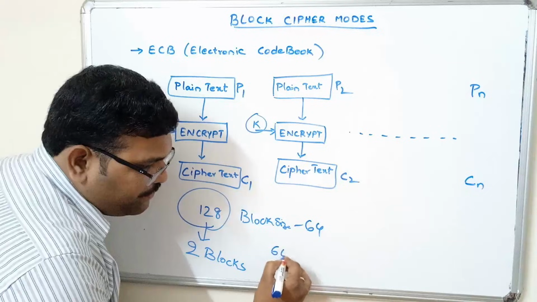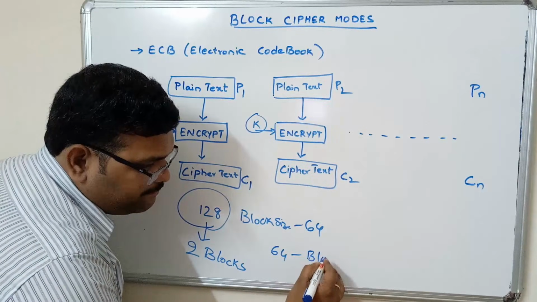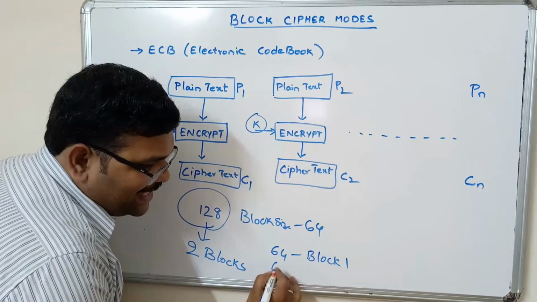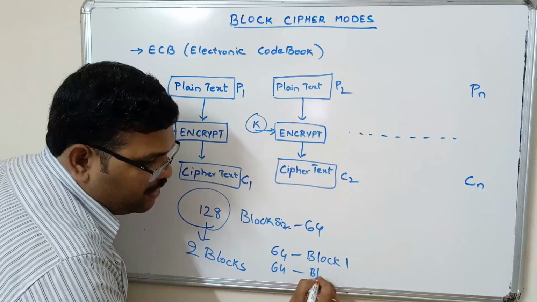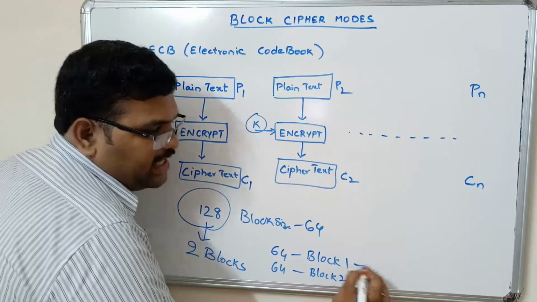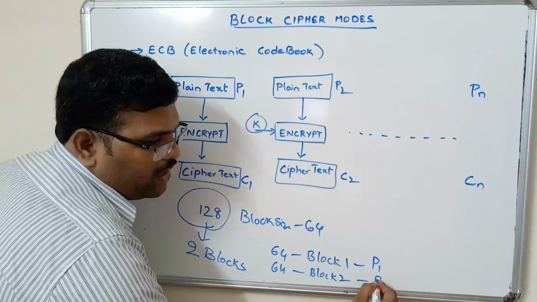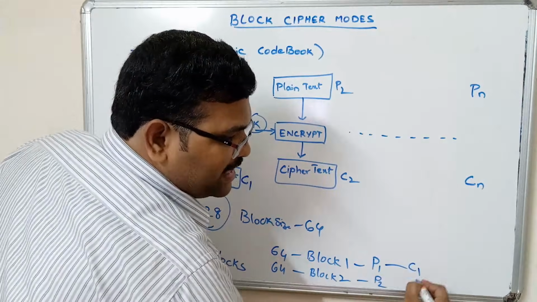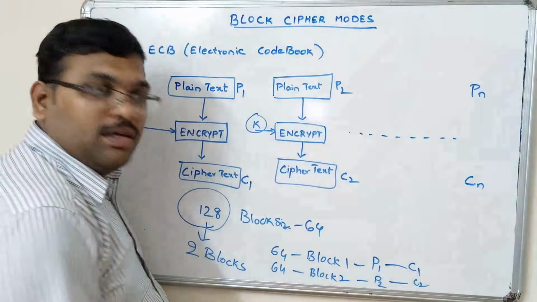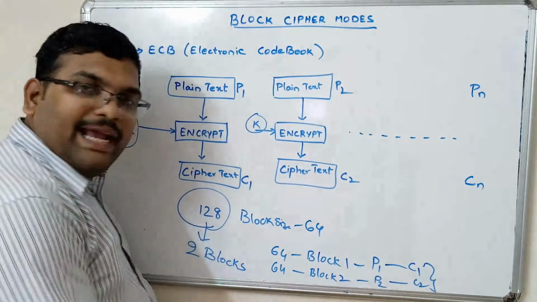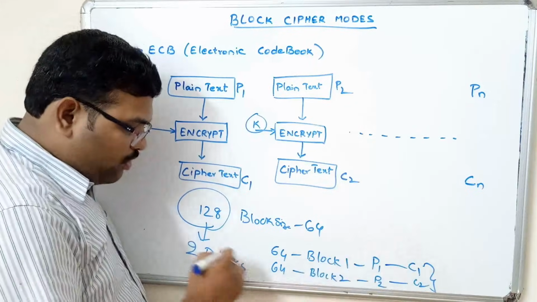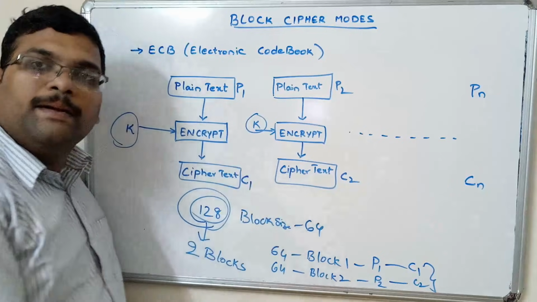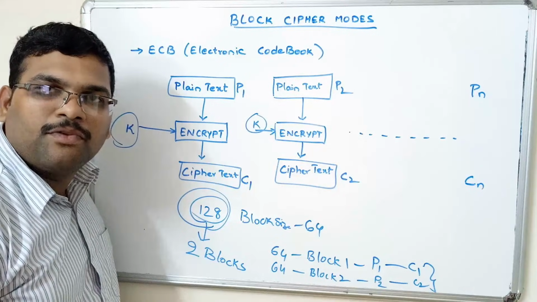The first 64 bits are in block 1, and the second 64 bits are in block 2. We call these P1 and P2 in this diagram, and here we will get C1 and C2. By combining these, we can get the final ciphertext of the 128-bit plain text. Hope you understood.